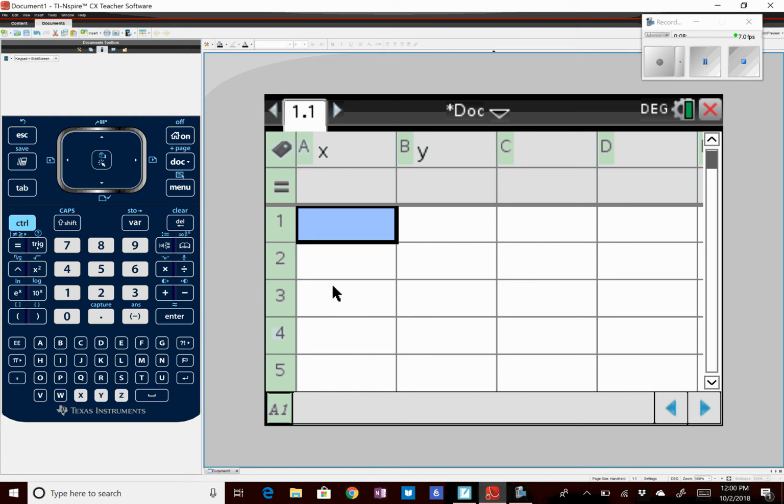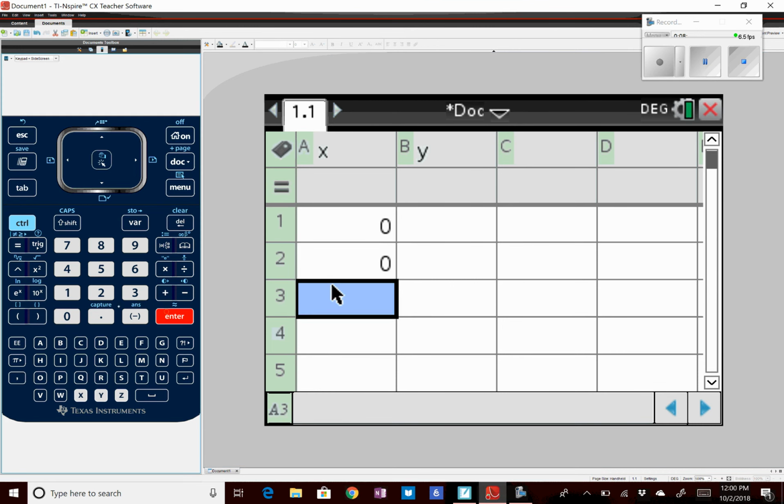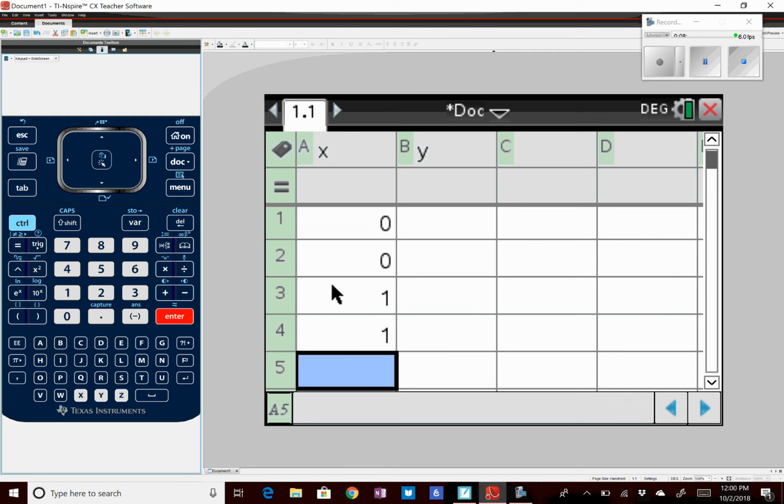So let's see, number of hours spent online. So I'm just going to enter them as they are in the table. Okay, so this is the number of hours spent online.